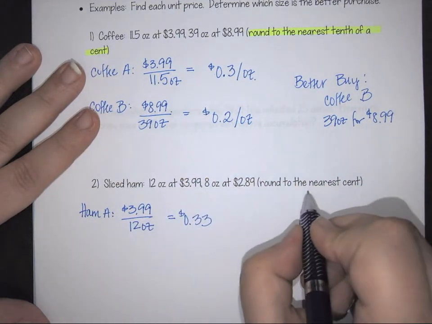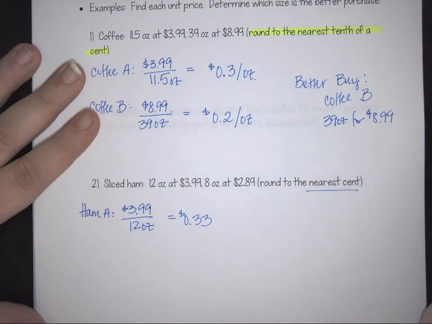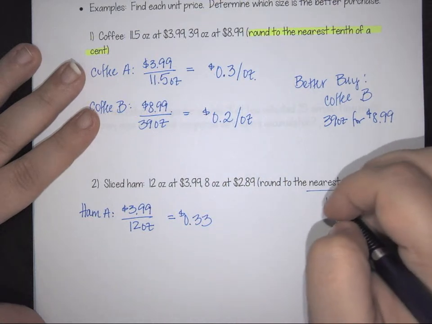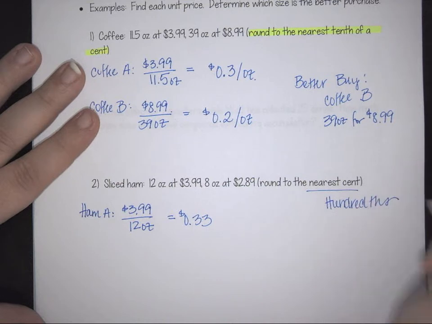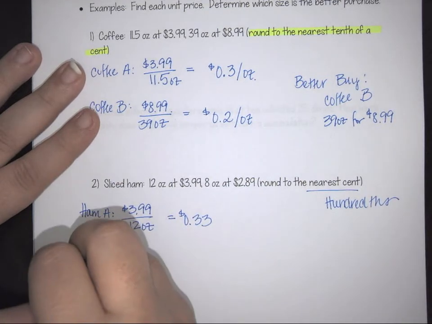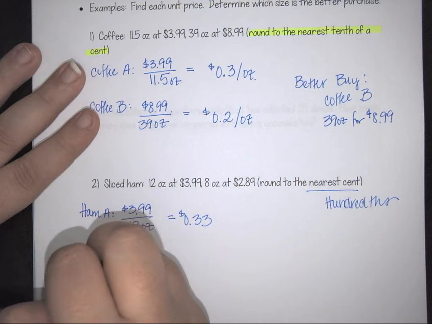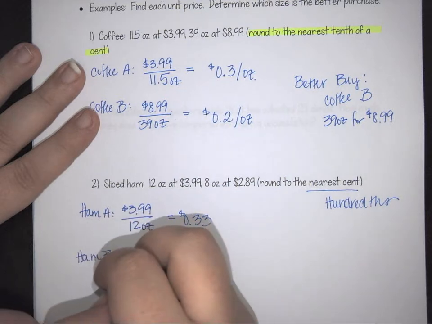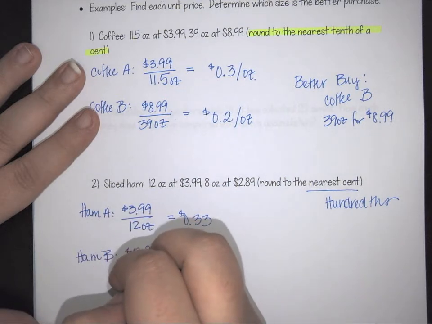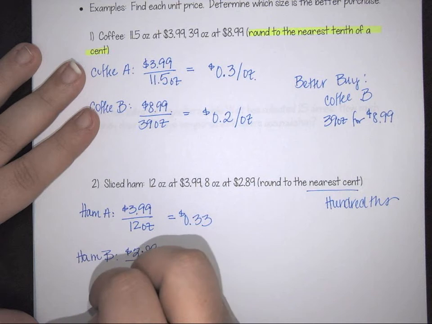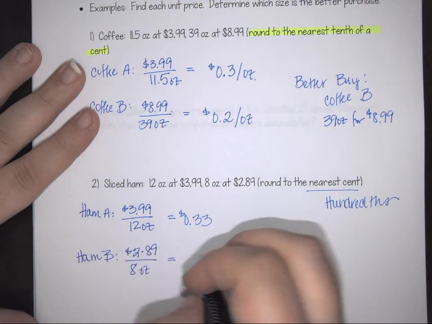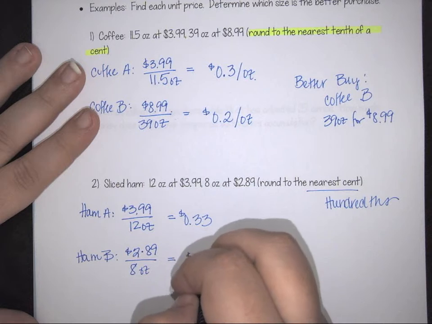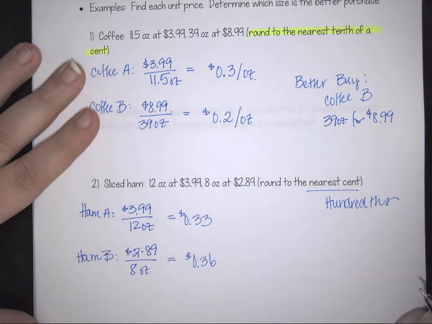And notice I have nearest cent, which means hundredths. Then I also have ham B, which is going to be $2.89 for 8 ounces. When I divide that out, we end up getting 0.36.